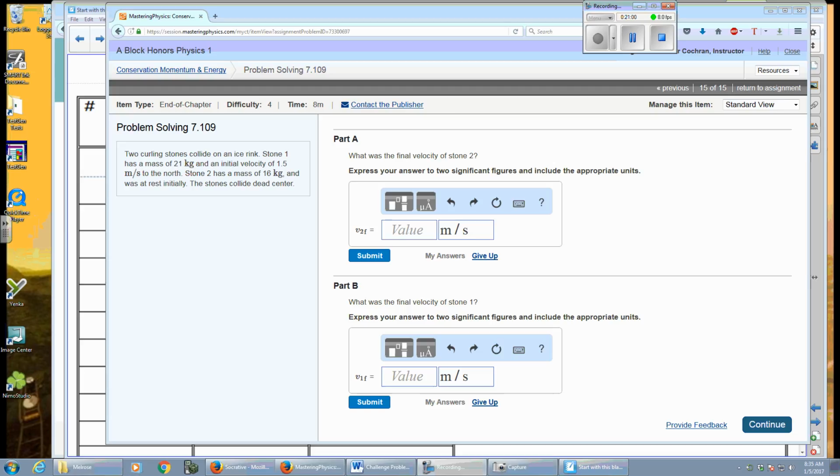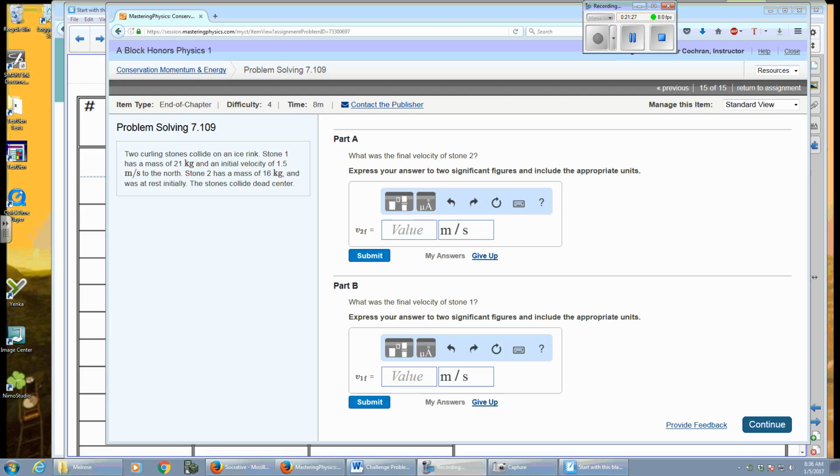You've got 2 curling stones colliding on an ice rink. Stone 1, stone 2. Now they hit dead center. I'm going to have to make one assumption because they don't tell me otherwise. I'm going to make the assumption that this is a perfectly elastic collision, because if I don't make that assumption, I can't solve this.